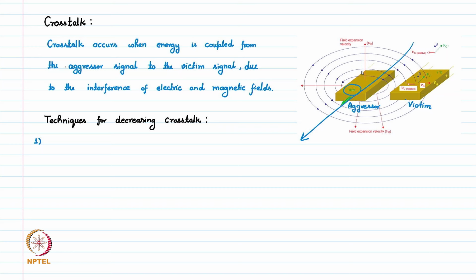So this aggressor, this victim, this aggressor is producing this electric and magnetic field which is very much high, very close to this aggressor, and it decreases the strength exponentially while going away from the aggressor. So if we have a large distance between aggressor and victim, then the effect of aggressor on the victim will be very less. However, because of that, it needs much area on the PCB, because this extra space we need to put between these lines, which is not very desirable design approach because it increases the size of PCB.